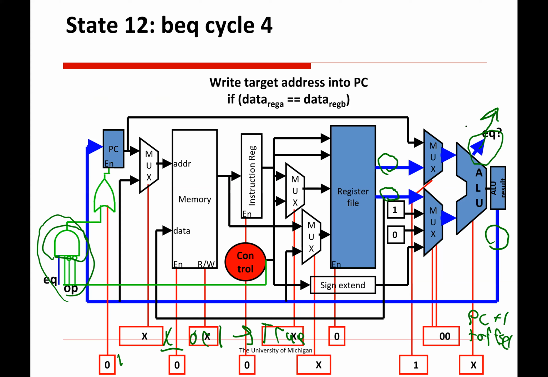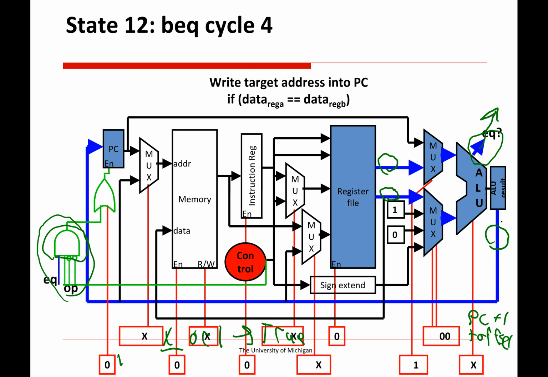Yes, if this is equal, then we're storing the result of ALU result, which we calculated previously to be PC plus offset. Why is the ALU not storing the sum of the two muxes into ALU result and overriding it? So it is actually. Because it's either a 0 or a 1 here, so it's either adding or ignoring it.